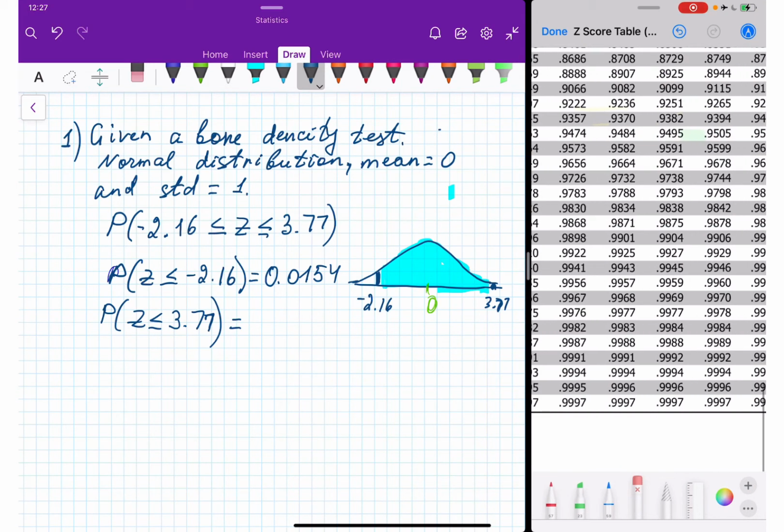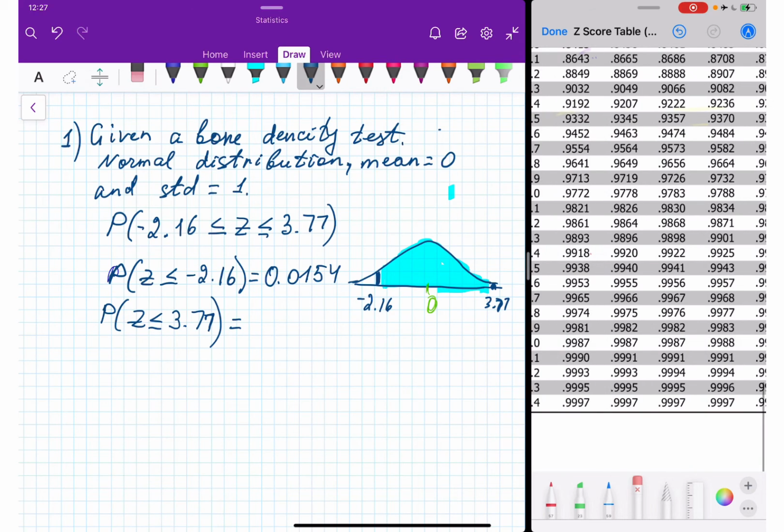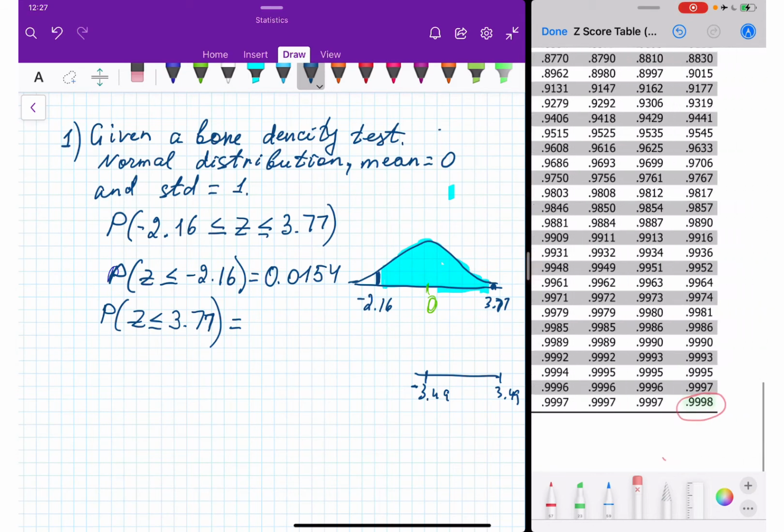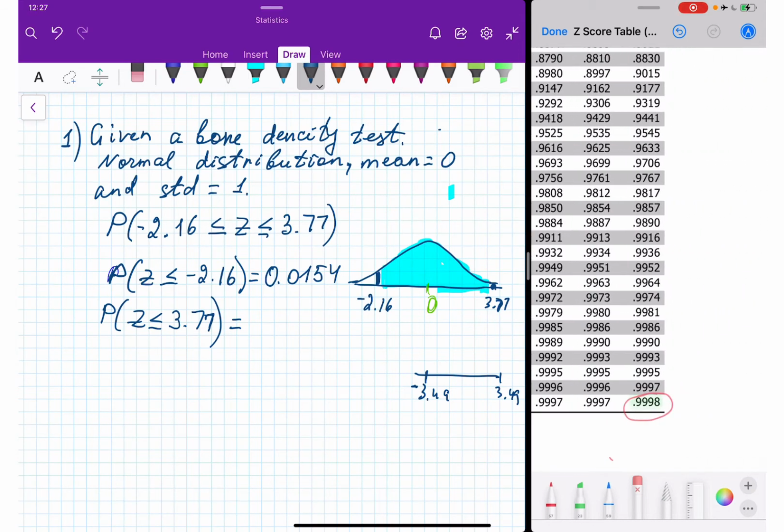As I said, it's running from negative 3.49 to positive 3.49. And the last one, 3.49, is 0.9998. So beyond that, everything is going to be 0.9999.